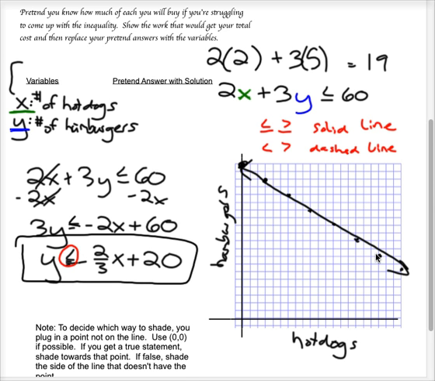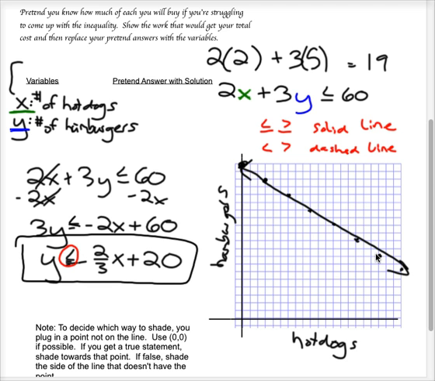And the next thing I want to consider is where I do my shading, because this time we're shading a whole region. Okay? So, y is less than or equal to. So what does that mean? Well, that means that I need to shade less than or equal to that line. Well, so I'm going to go to any point on the line, okay?